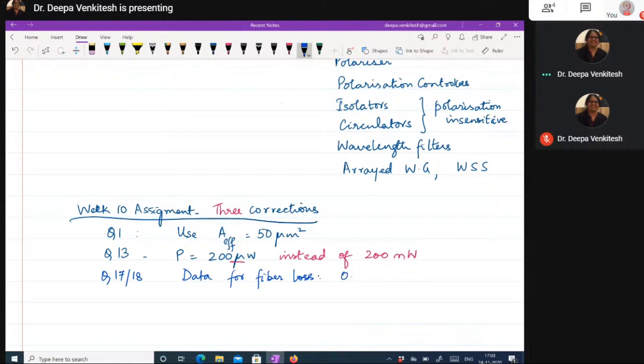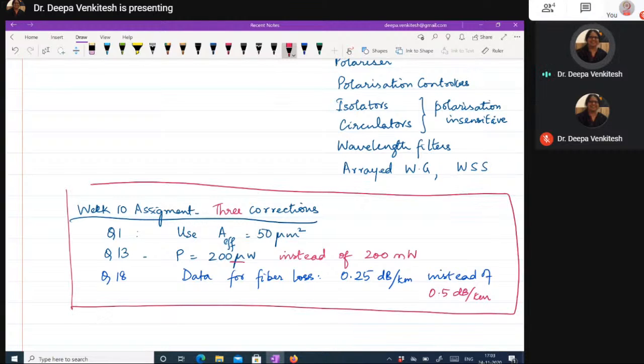You could use 0.25 dB per kilometer instead of 0.5 dB per kilometer. Sorry, this is not in question 17, it is only in question 18. So these are some corrections which I have sent in the announcement also, but please take care of that while you are solving.